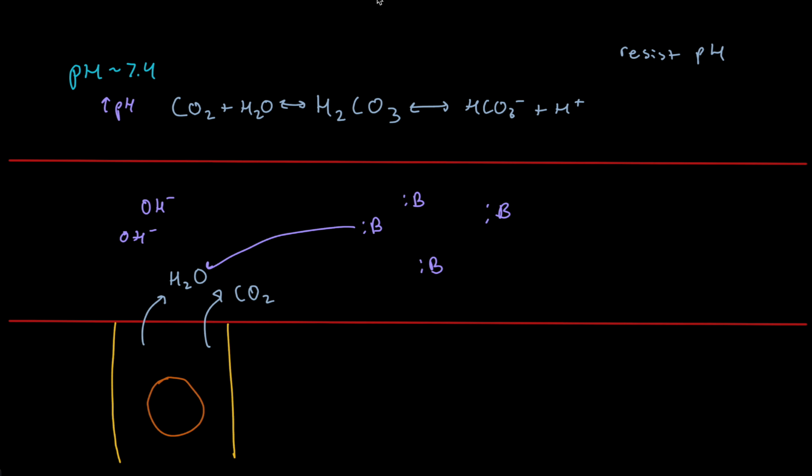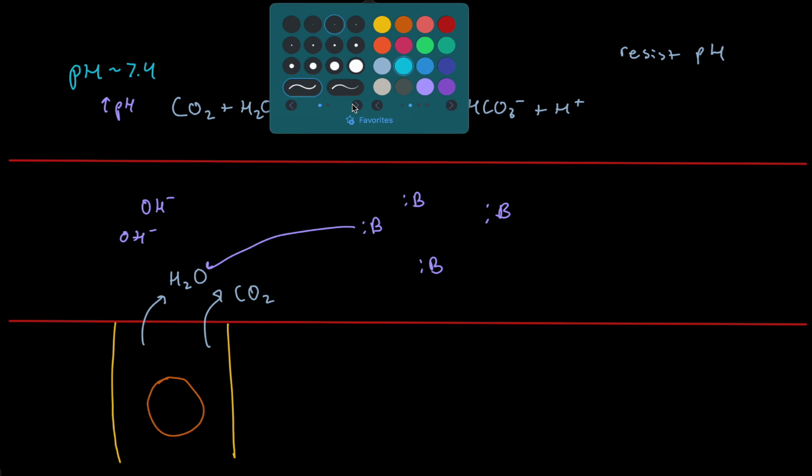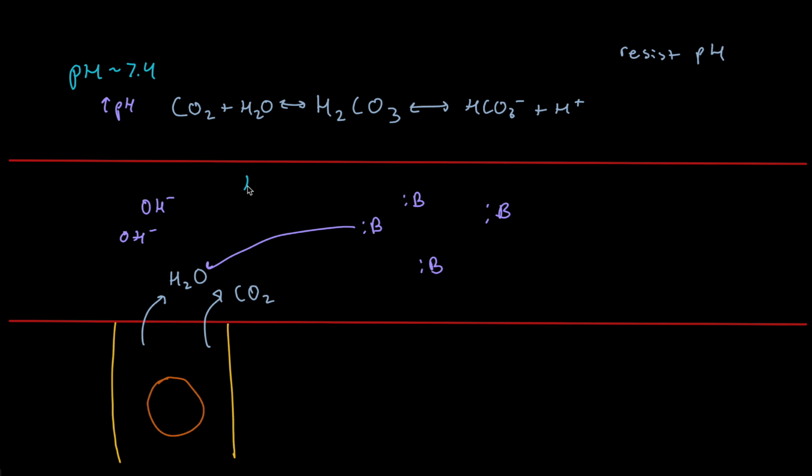Now, how does our buffer prevent this increase in pH? Well, our H2CO3 will be deprotonated, producing H2O again, and this results in HCO3 minus plus H plus. This prevents that increase in pH, because the H2CO3 will be deprotonated and will have these hydrogens that combat this increase in pH.